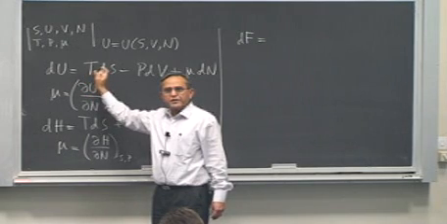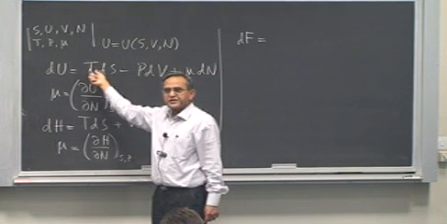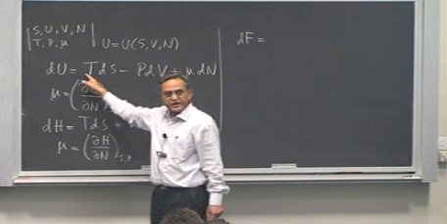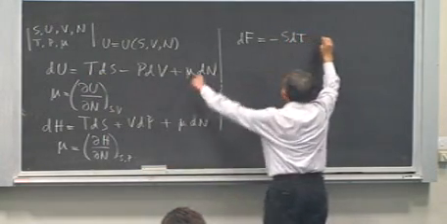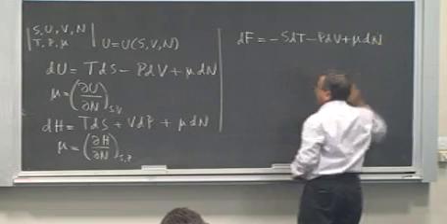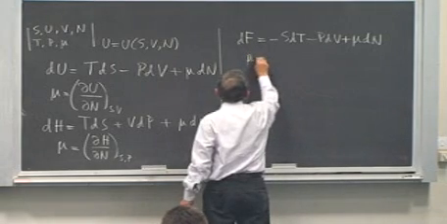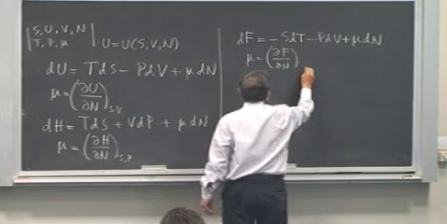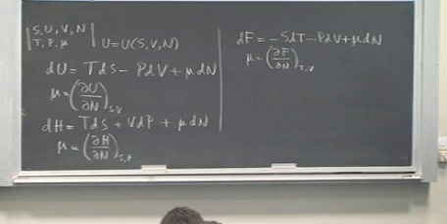U और हेल्महोल्ट्ज़ फ्री एनर्जी में जो फ़र्क है वो सिर्फ यही है कि T और S का रोल चेंज हो जाता है. अगर T और S का रोल चेंज हुआ तो इसका मतलब ये हुआ कि वी विल हैव S dT टर्म, और चूंकि यहाँ प्लस है तो विद अ माइनस साइन, सो यू हैव माइनस S dT माइनस PdV plus mu dn. ठीक है ना? इसका मतलब ये हुआ कि mu can be defined as partial differential of F with respect to n, and now you keep T and V constant, volume and temperature constant.